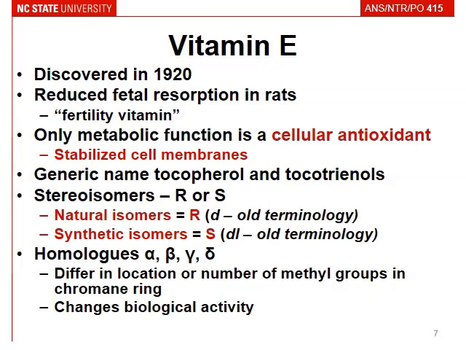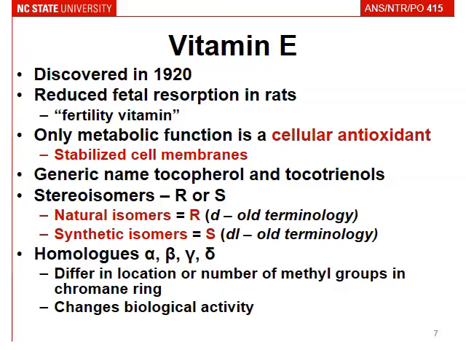Our generic name for vitamin E is, we have tocopherol and tocotrienols. And in addition, we have various isomers of vitamin E, just like basically everything else that we have discussed.